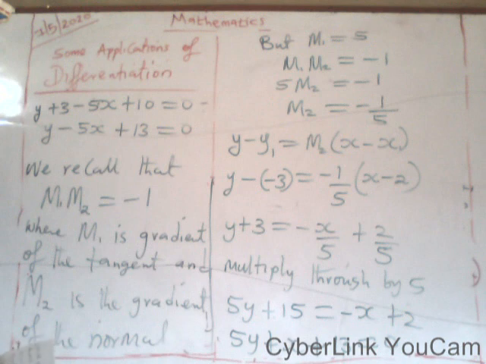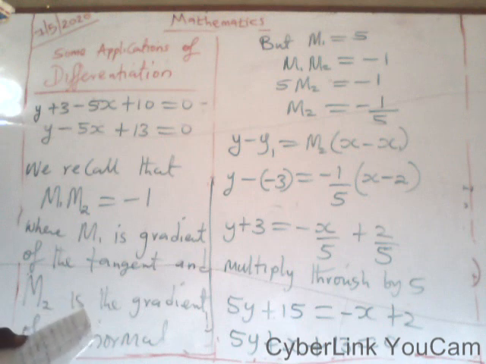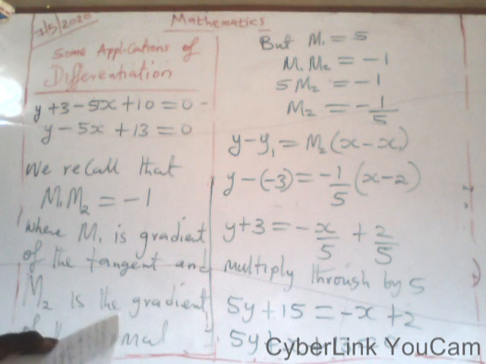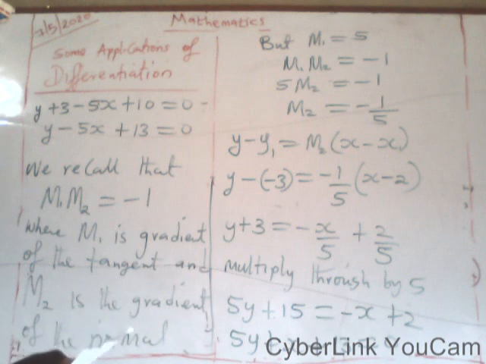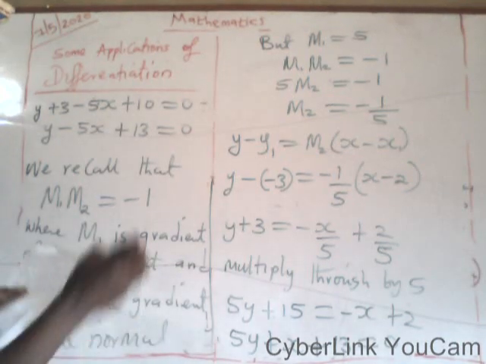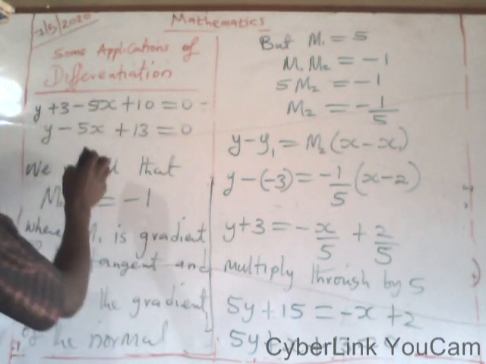And the first question on the assignment goes thus: find the gradient of the following curve at the point specified. A, y is equal to x squared minus 3 at x equal to 1. Then B, y is equal to 2x squared minus 11x plus 12 at x equal to 2. So let me quickly write these two questions as your assignment.